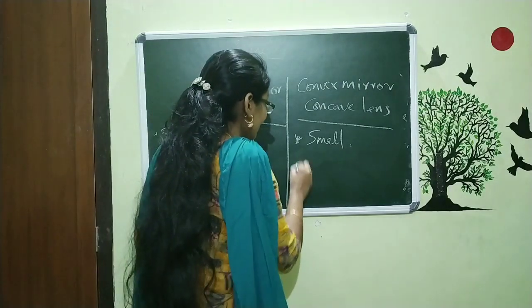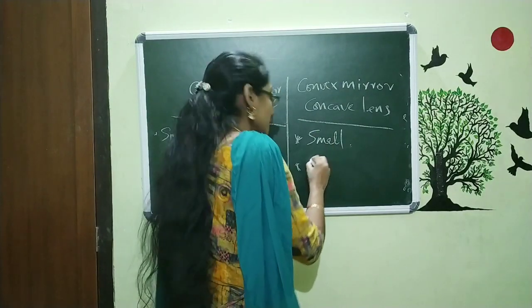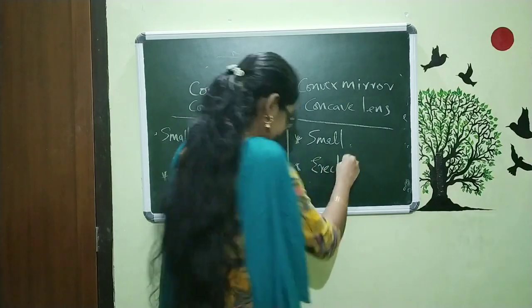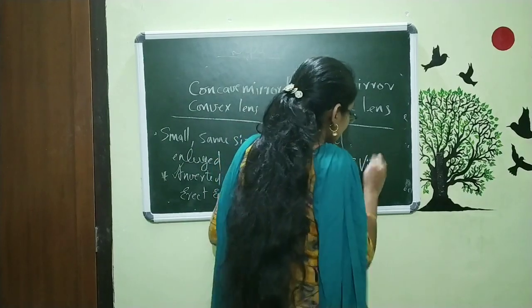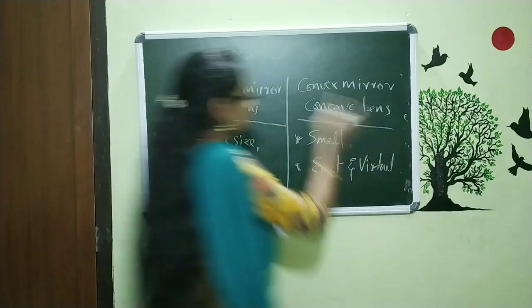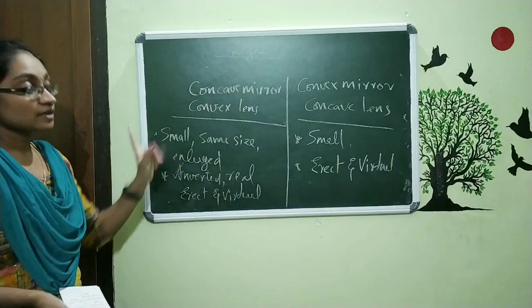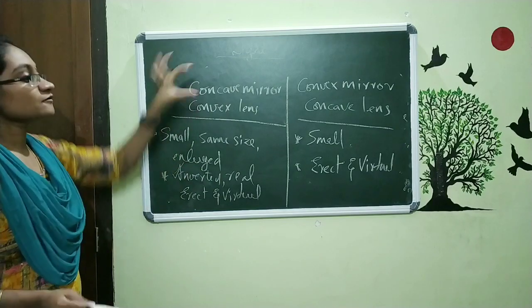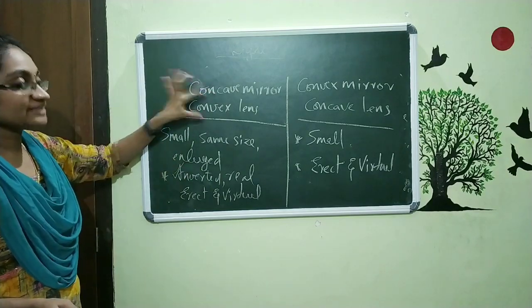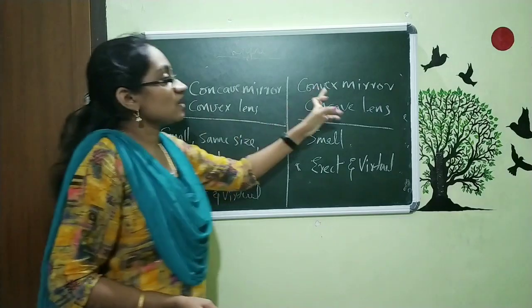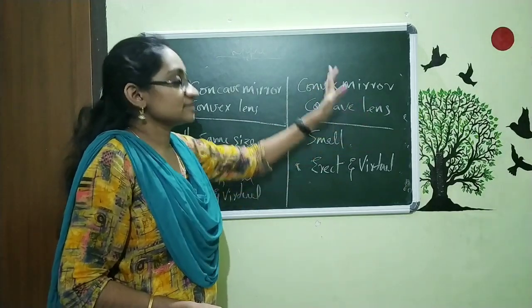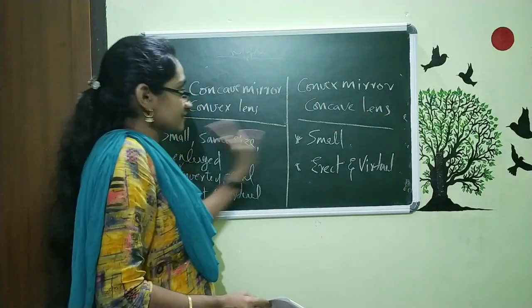But for the convex mirror and concave lens you only get one result: erect and virtual. So you want to remember this table. For the concave mirror and convex lens, the result is the same. For the convex mirror and concave lens, the result is the same. Don't get confused. You want to study it properly.